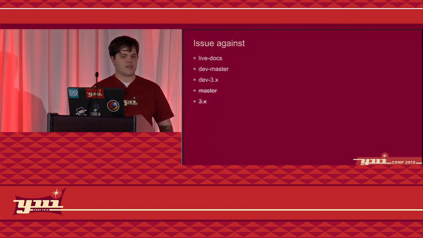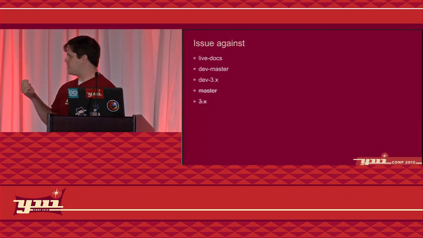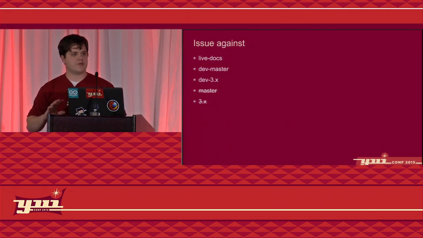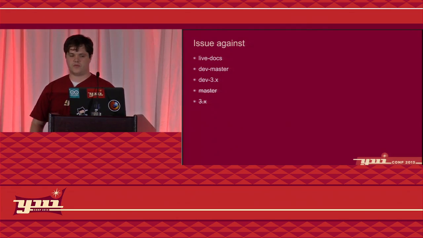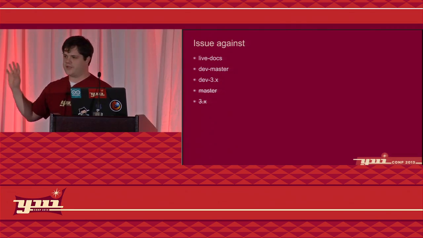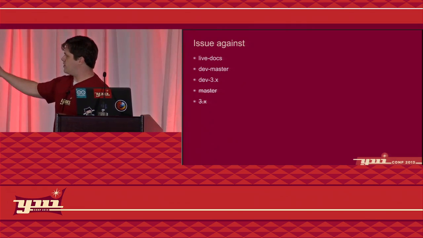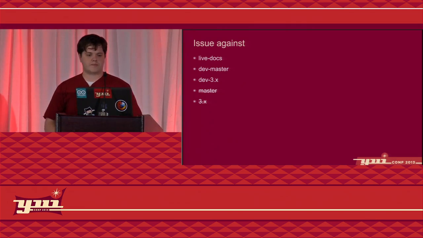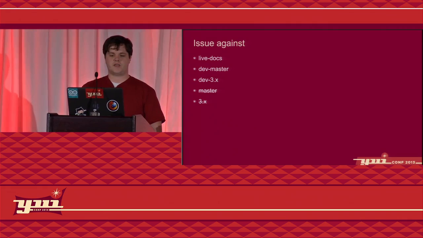Right now I have 5 branches, and that's live docs, dev master, dev3x, master, and then 3x, where master and 3x you never want to do a pull request against. We've been talking about trying to simplify it, so this may change later on, but for right now that's where it's at.